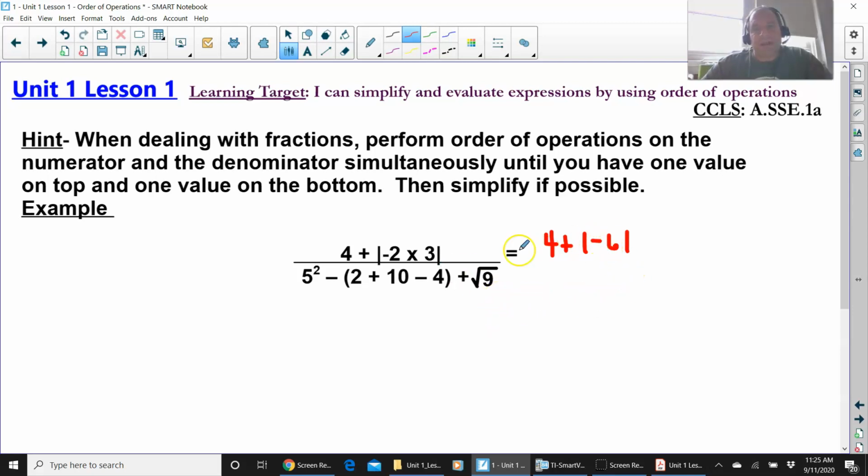So if you have -2 times 3 and it's absolute value of -6, how many spaces is -6 away from 0 on a number line? And obviously 6. So the top, that numerator, would be 4 plus 6. So the numerator is 10.